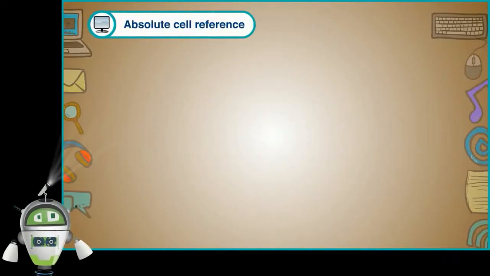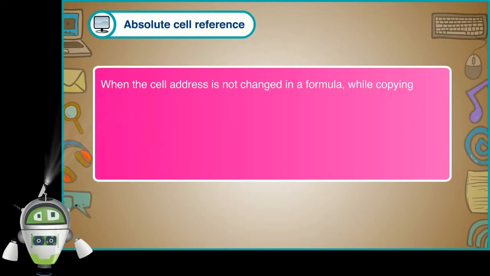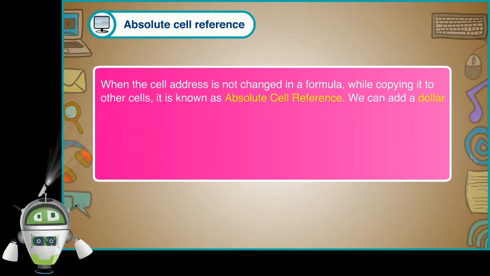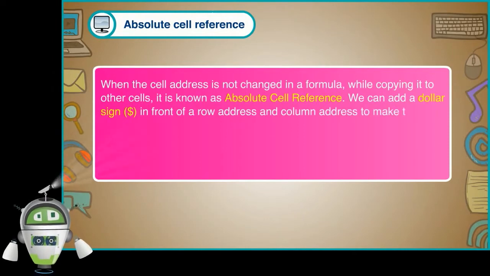Absolute cell reference. When the cell address is not changed in a formula while copying it to other cells, it is known as absolute cell reference. We can add a $ sign in front of a row address and column address to make the absolute cell reference of a cell.